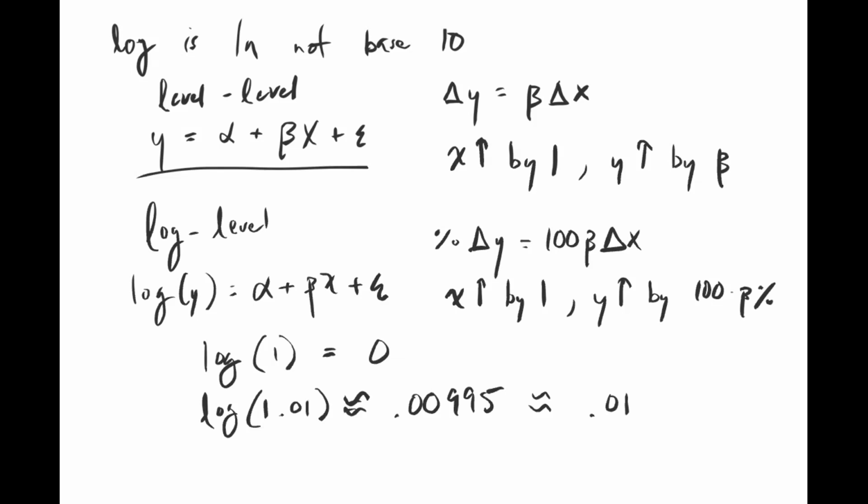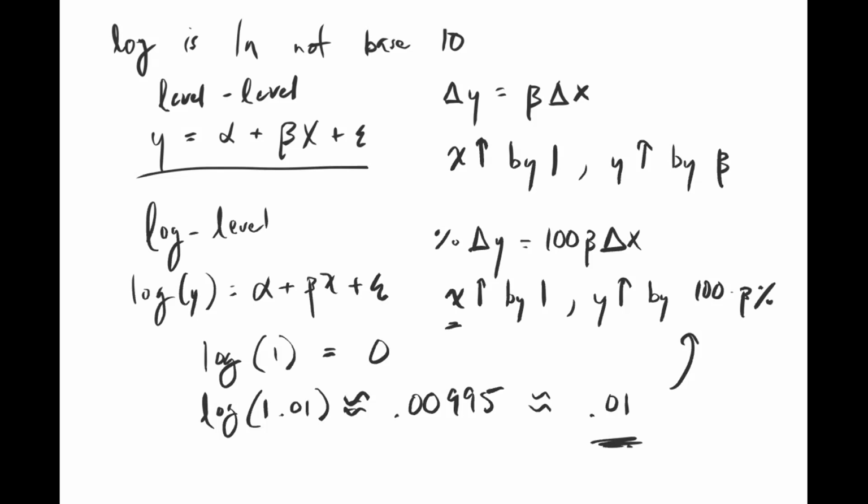This is the mathematical justification behind being able to do an interpretation like this, because what we're essentially saying is that unit changes in x are leading to approximately one 100th changes in y, which is most commonly interpreted as percent changes.